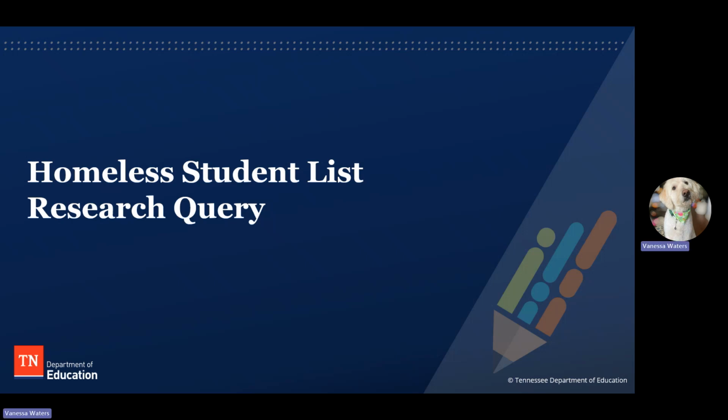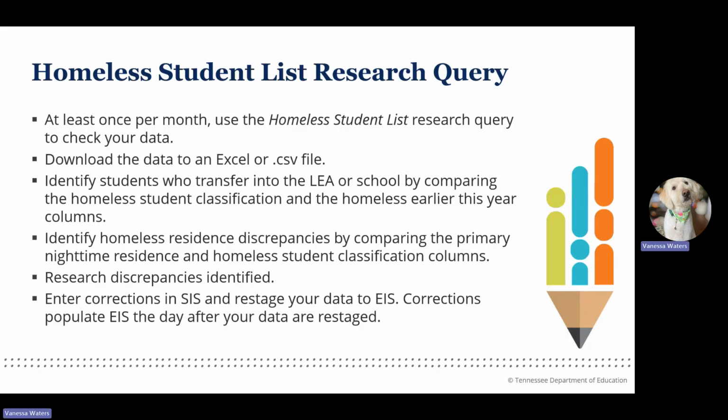Move into the homeless student list research query. It is a best practice to check the homeless student list research query at minimum once a month. You want to download the data to an Excel or CSV file. You want to identify students who transfer into the LEA or school by comparing the homeless students classification and the homeless earlier this year columns.